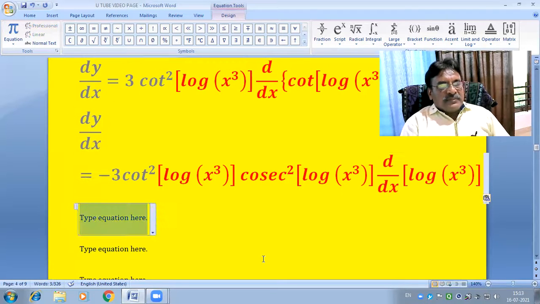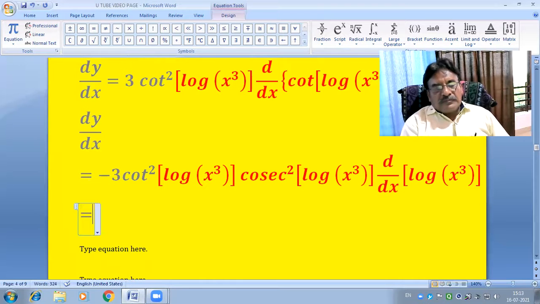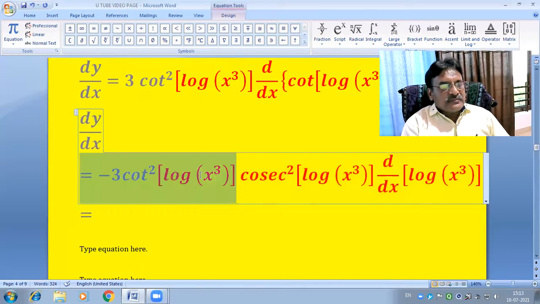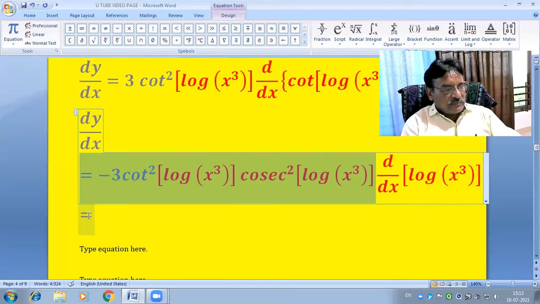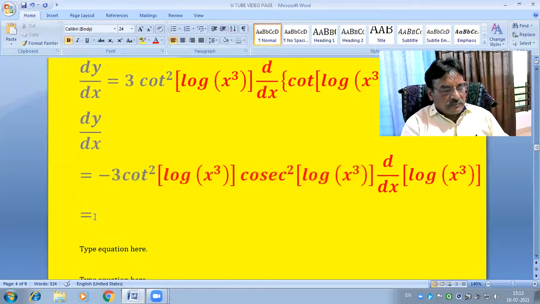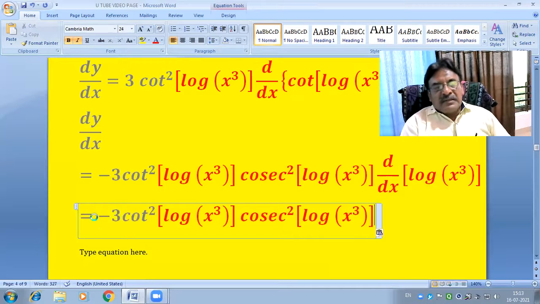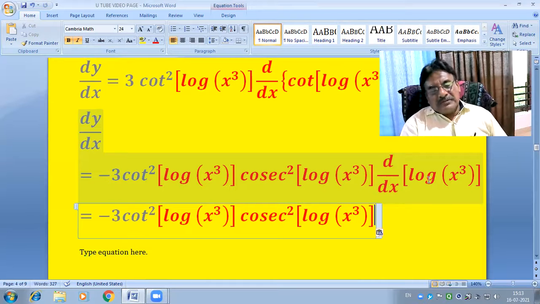Therefore, here dy by dx is equal to, up to this step, minus 3 cot square log x cube cosec square log x cube as it is. Then we find d/dx of log x cube.